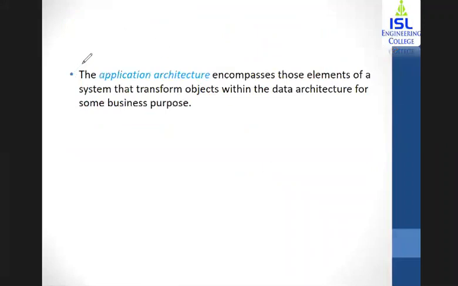Now, the next type of architecture that is used by BPE is called the application architecture. This application architecture comprises those elements of the system that are going to transform the objects within the data architecture for some business process. We know what the different data objects are. It can be a product, it can be a customer, it can be anything.